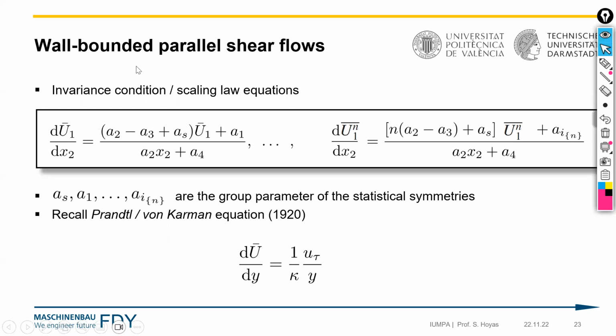This law comes directly from our theory. On the other hand, this is the Prandtl-von Karman equation that comes from the 1920s. Using our theory, we have the first mathematical proof of this model. And this is quite important because every model uses this law.